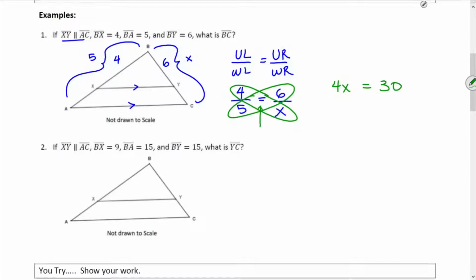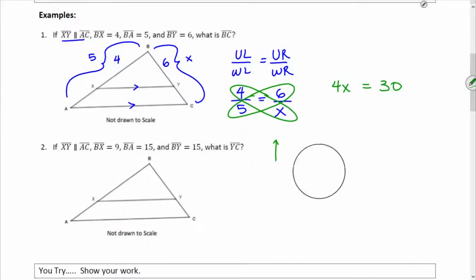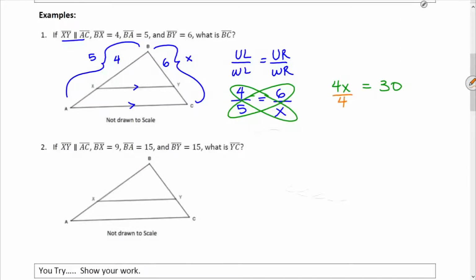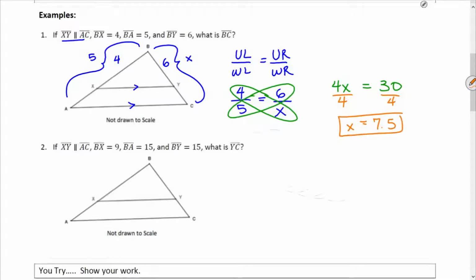The most common mistake I see is missing the equal sign. Then I solve this equation by dividing both sides by 4 to get x by itself, and I get 7.5 as the length of BC.